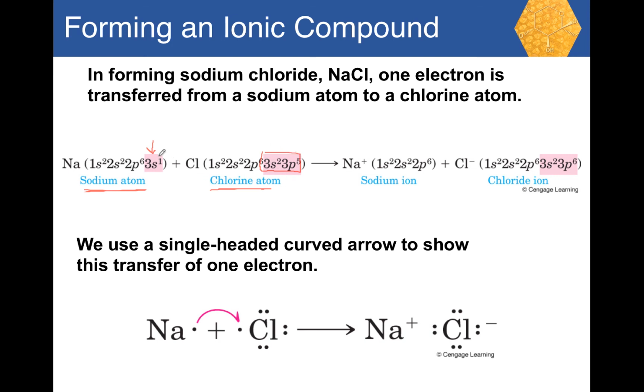So this electron can be given to the chlorine atom, and if that happens, the chlorine atom now has a full octet of electrons and becomes the chloride ion. And of course, since sodium has lost one electron, this is now your full octet of electrons right here, 6 and 2, 8, and it has now acquired a positive charge, so that's the sodium ion.